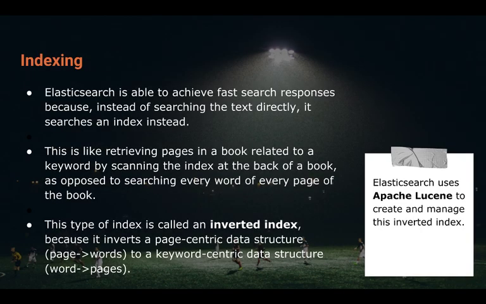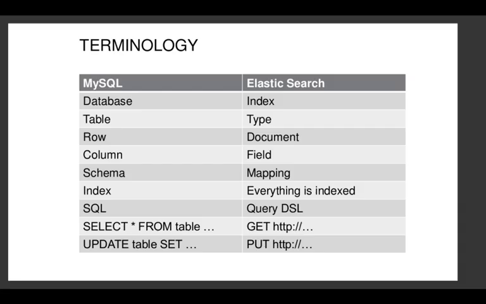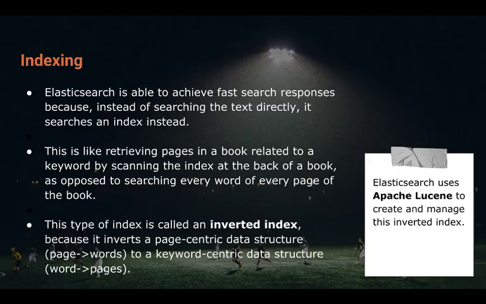So let's see what indexing is. As we have seen, the database is called index here. Elasticsearch is able to achieve fast search responses because instead of searching the text directly, it searches an index instead. This is like retrieving pages in a book related to a keyword by scanning the index at the back of the book, as opposed to searching every word of every page of the book.